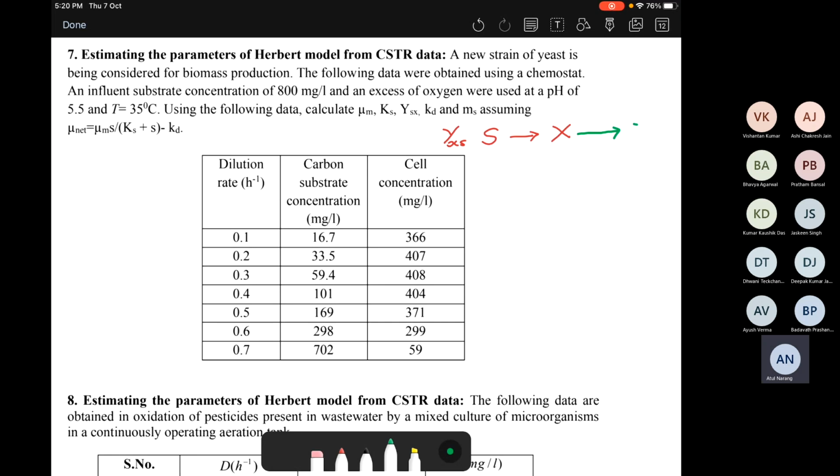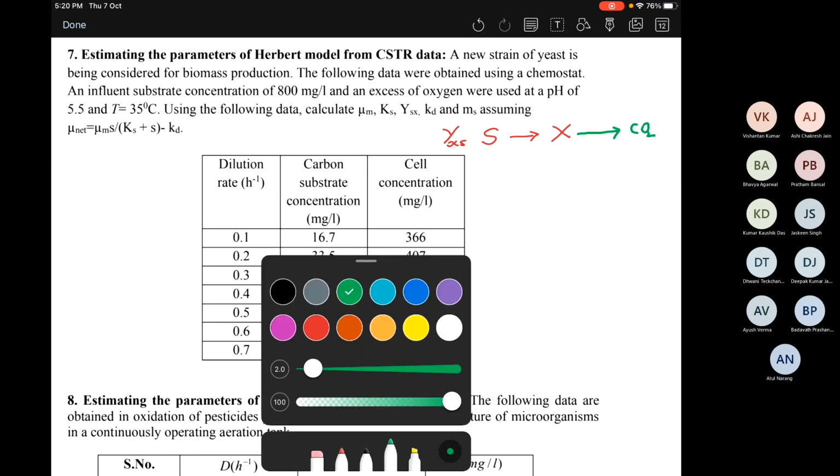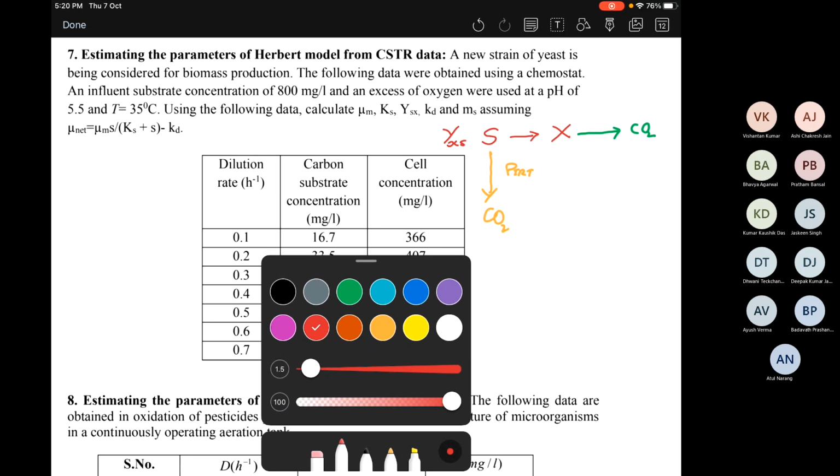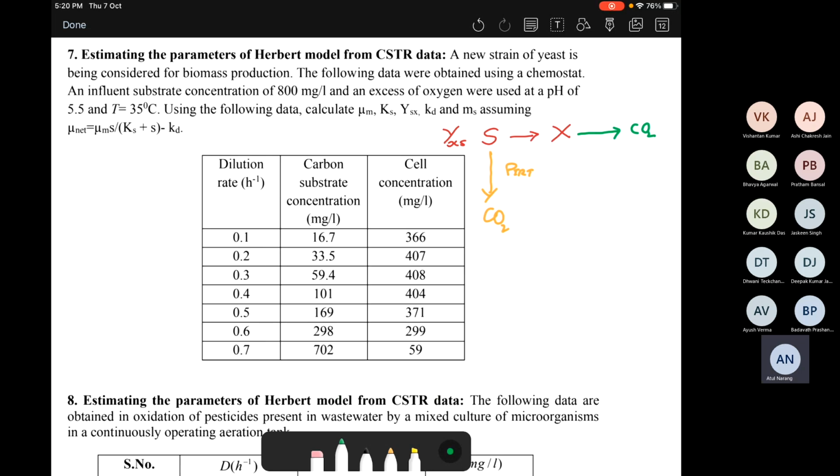This is the Herbert model, and this is PERT, and this is the Herbert model. Maybe I should just note the notation here.